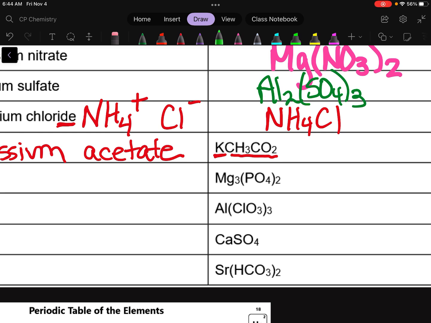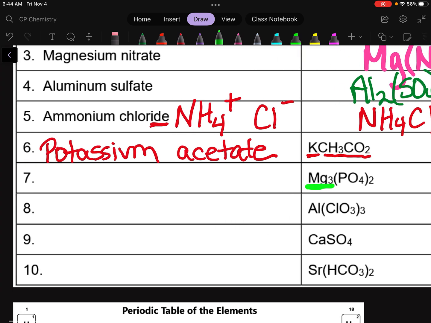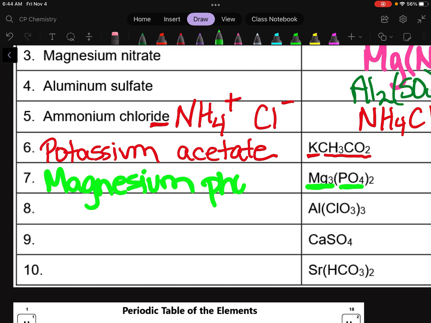Okay, the next one is Mg, magnesium. That is a cation, so that's the first word. And then the last part, if you find it on your polyatomic ion list, it is phosphate. So the name is magnesium phosphate. The next one is Al. Aluminum is a cation, is a metal, so aluminum.